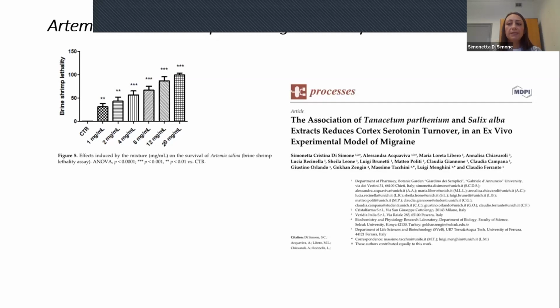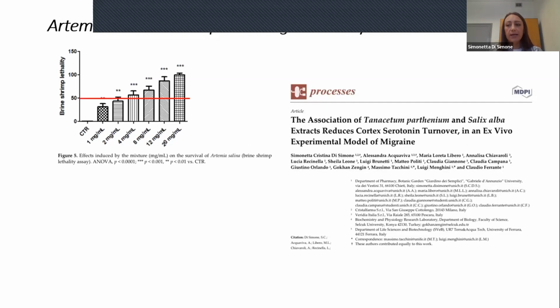For the Artemia salina assay, the mixture was tested in a concentration range between 1 milligram and 20 milligrams per milliliter. Specifically, the mixture showed an LC50 value greater than 2 milligrams per milliliter.